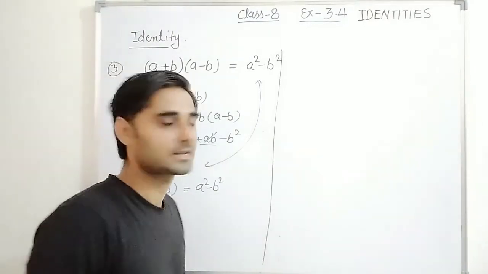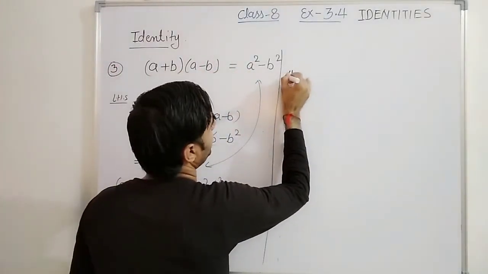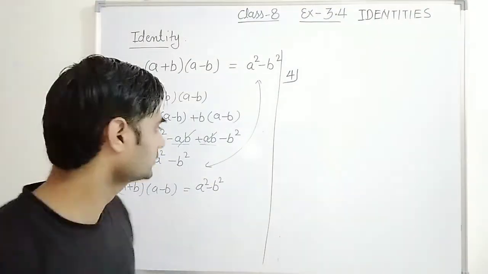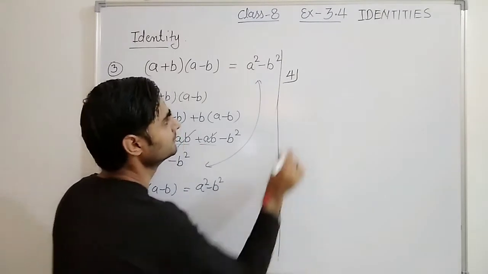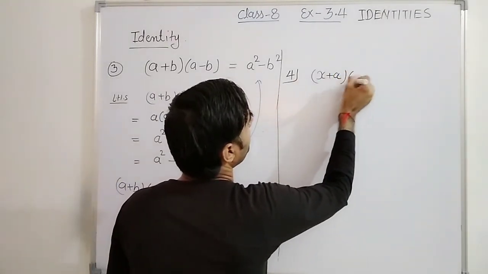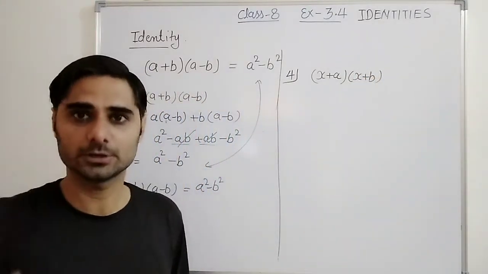Now here I will take one more identity, the last one. This is 3 now, and the 4th identity of your book. 4th is the last one. 4th identity is (x plus a)(x plus b) will be equal to.